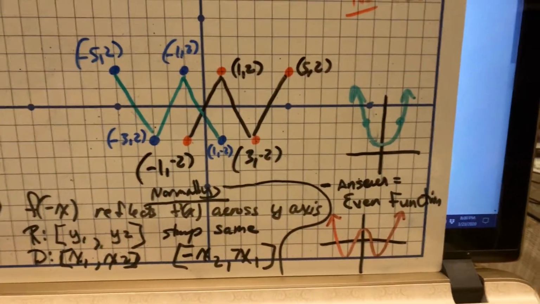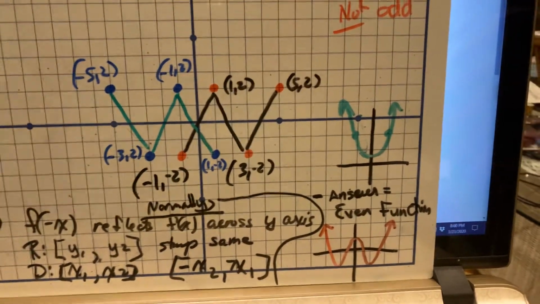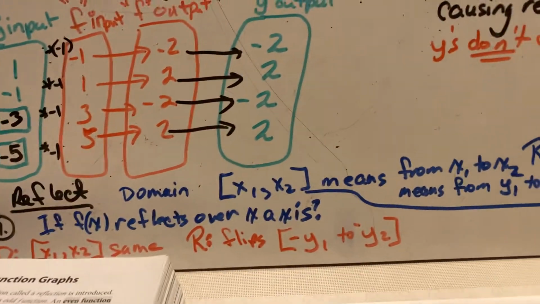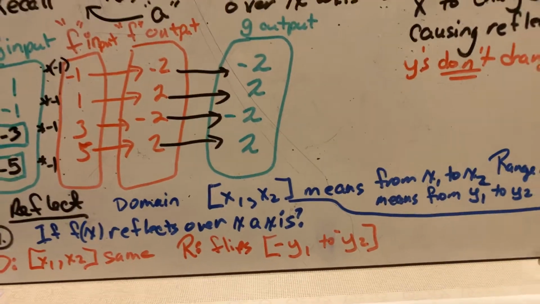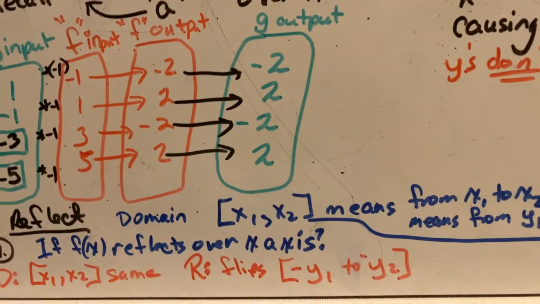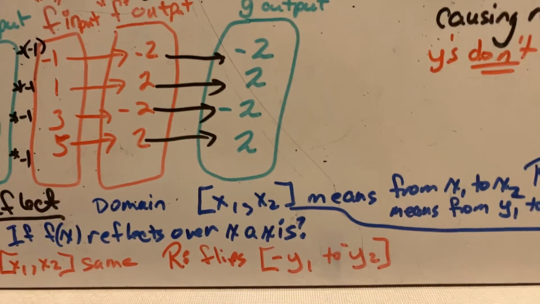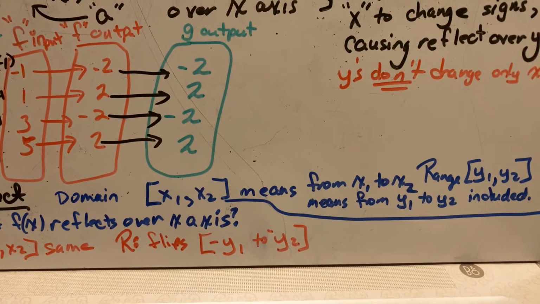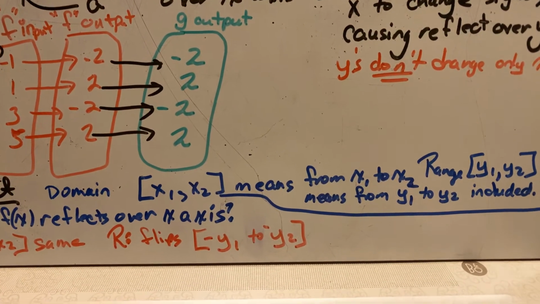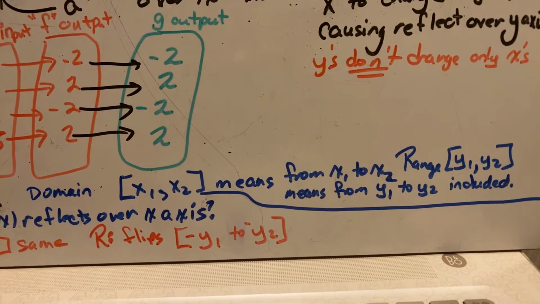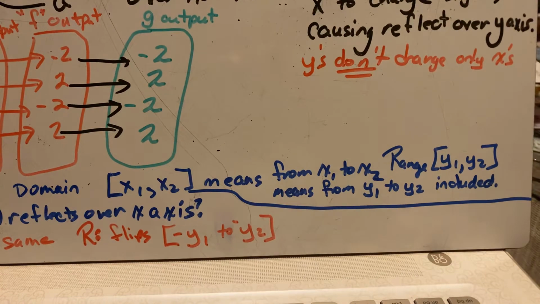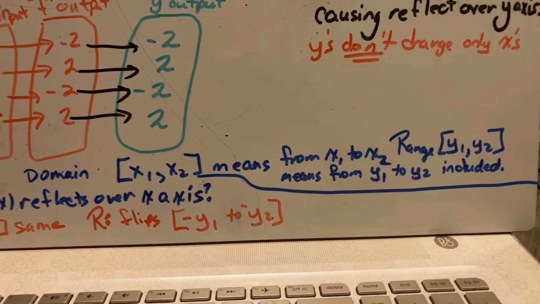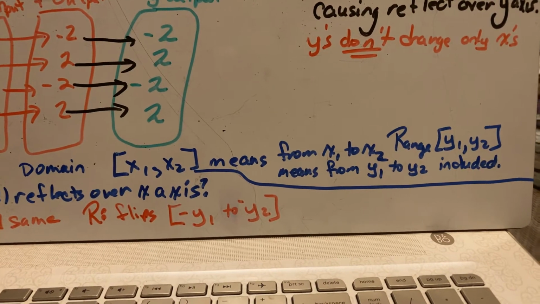Okay, let's go down and do the reflection questions that are underneath. We'll do these one at a time. The first reflection question says, if f of x has a domain from x1 to x2 and a range of y1 to y2, and please note that is interval notation, those brackets indicate that the endpoints are in fact included.